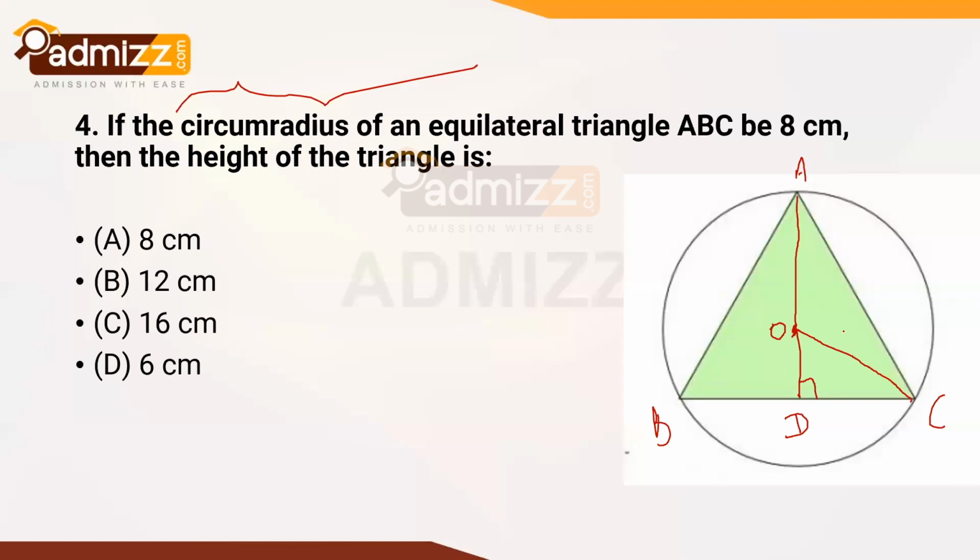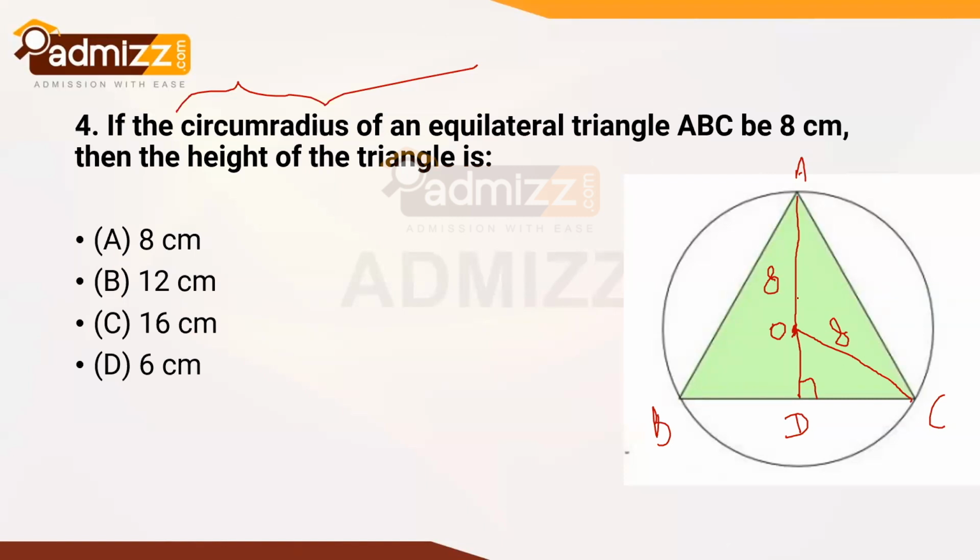Now we know a few things. First, we know that the circumradius of this equilateral triangle is 8 centimeters. So this is equal to 8, this is equal to 8 as well.